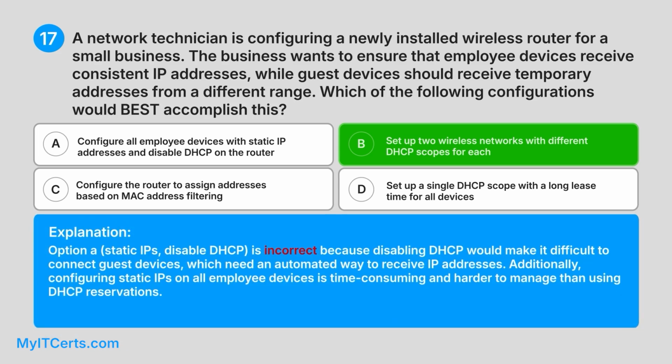Option A. Configure all employee devices with static IP addresses and disable DHCP on the router is incorrect because disabling DHCP would make it difficult to connect guest devices, which need an automated way to receive IP addresses. Additionally, configuring static IPs on all employee devices is time-consuming and harder to manage than using DHCP reservations.